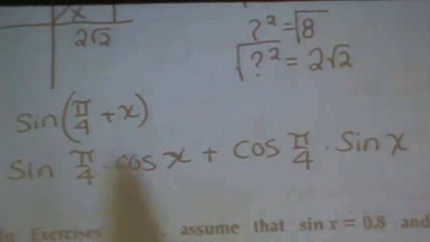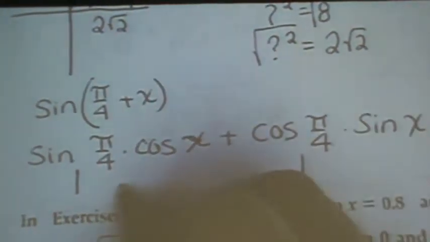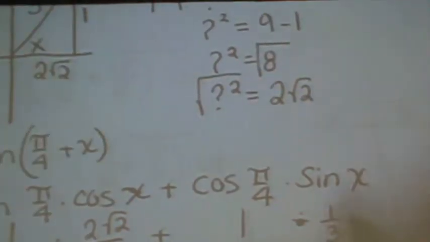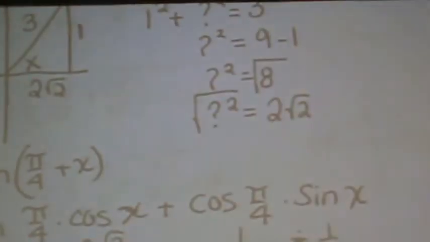Well, the sine of pi over 4 and cosine is 1, right? And for this one, the cosine would be 2 root 2 over 3. And the sine of this is 1/3. So your job now is to simplify this.